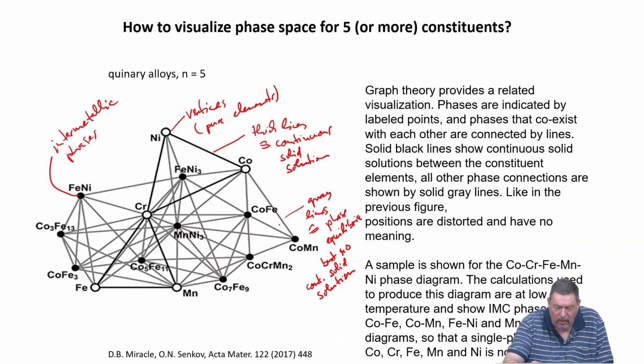So along the line there are always two phases that coexist. Yeah, so the complete solid solution phase is not shown here. And again, you would not be able to read any phase compositions or any amounts of the phase fractions from this type of representation. It just tells you which phase equilibria are generally present in this system.